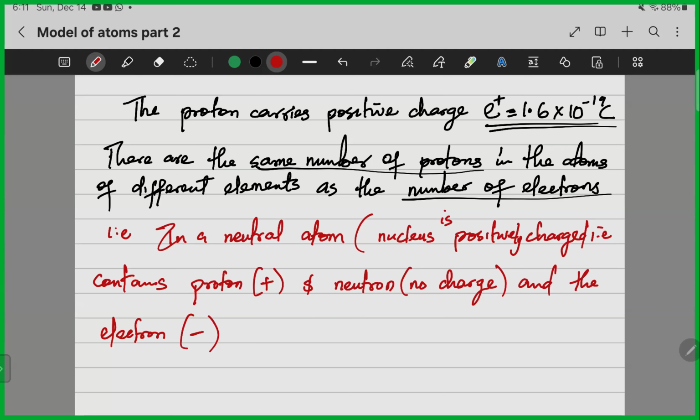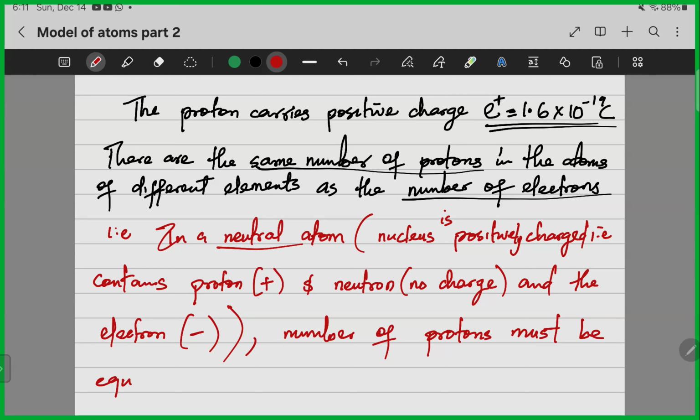So when you combine positive and negative, the atom is neutral. So in a neutral atom, the number of protons must be equal to the number of electrons.